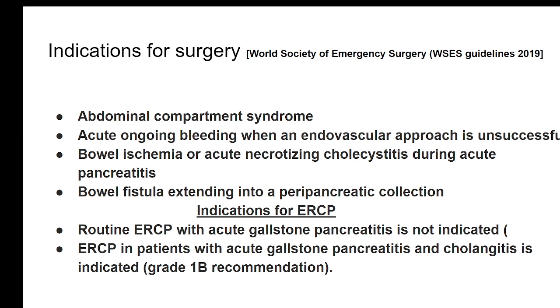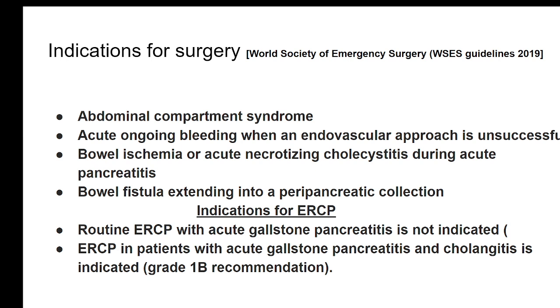The surgical indications, of course: in a case of acute pancreatitis, the better option is a non-interventional approach. A conservative approach should be preferred as far as possible.